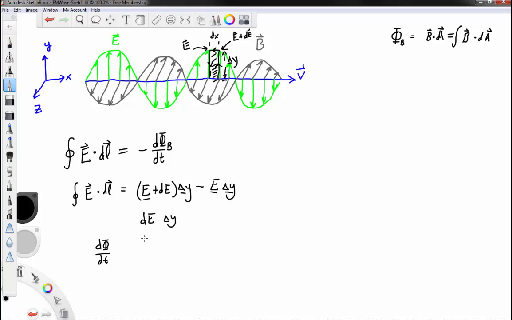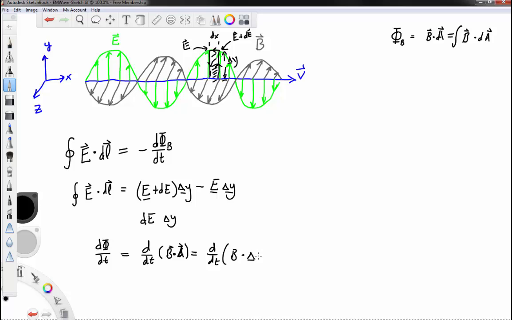So basically we can write that as d by dt of B dot A, since this is the flux, and so that becomes d by dt of B times, for our area, if we approximate it as this rectangle, delta y times dx.